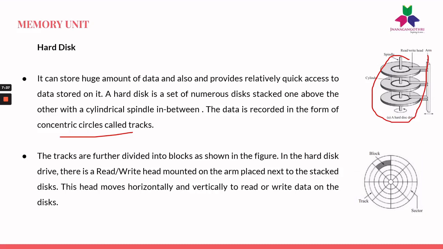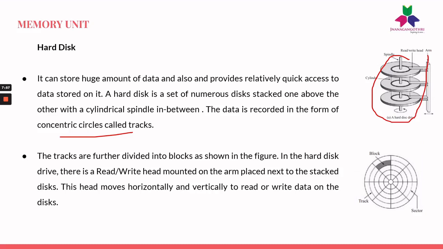There is a read or write head mounted on the arm. Here you can see this is an arm. Here, this is a read or write head, which is used to read the data stored on the disks, or to write new data onto the disk.